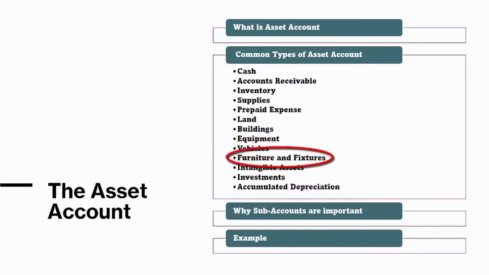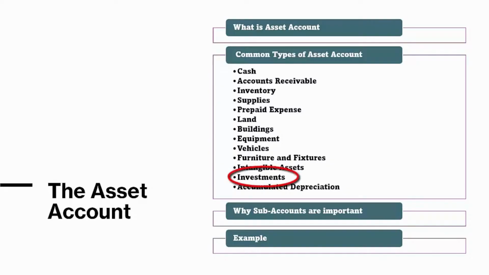10. Furniture and fixtures. This account includes things like desks, chairs, and shelves used in the business's offices or stores. 11. Intangible assets. These are assets that don't have a physical form but still hold value. Examples include patents, copyrights, trademarks, and goodwill. They help the business in unique ways but aren't physically touchable. 12.